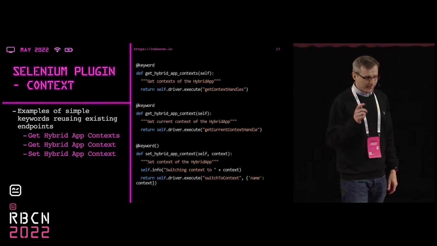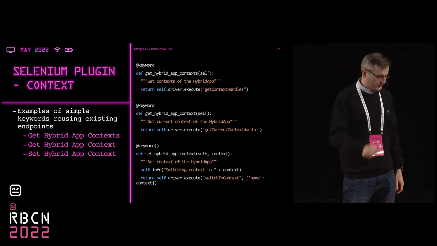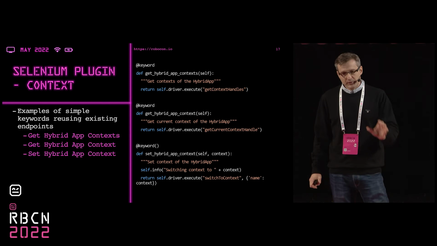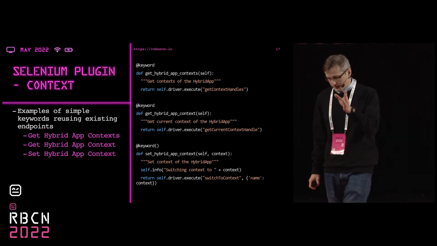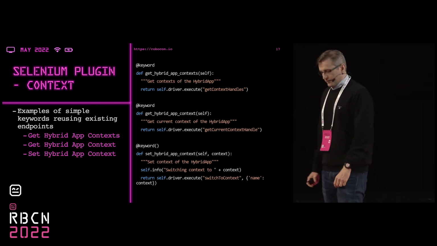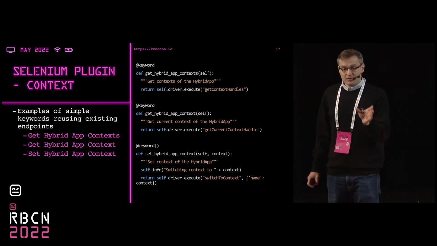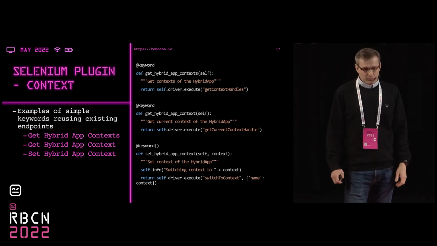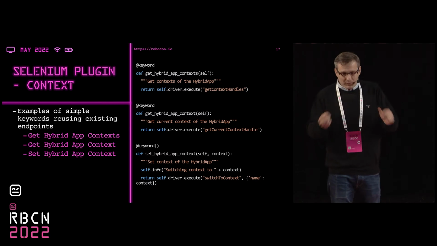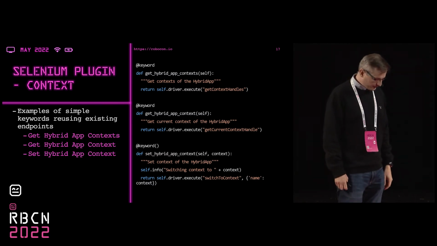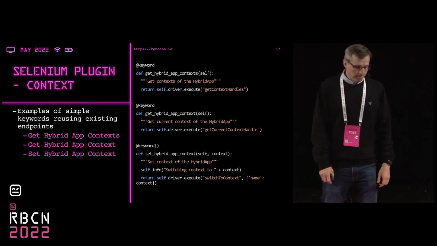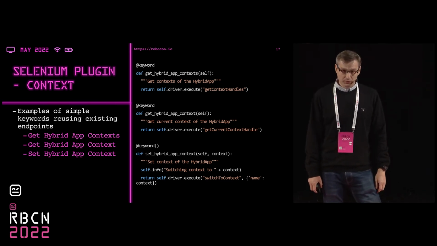The implementation of these keywords, what you see here in the example, is just calling the specific command. These names that you see there are hard-coded names in the Selenium library. It was there already. I just wrapped it in the keywords, and that worked.